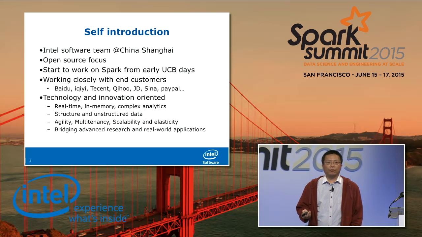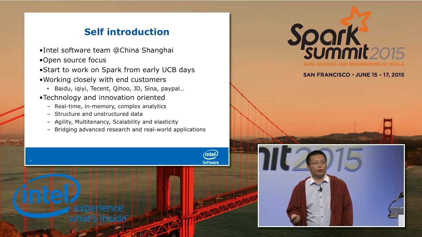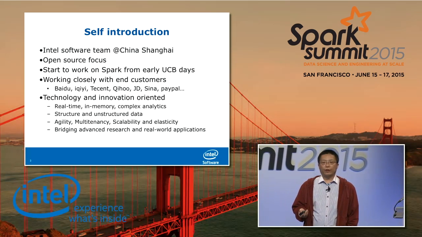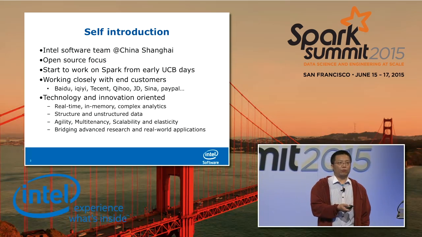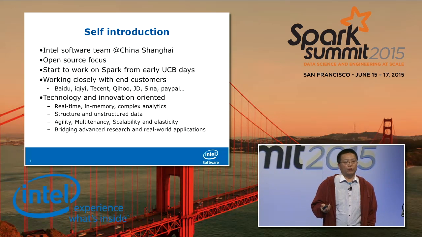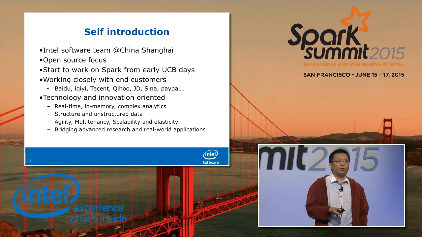One thing we did pretty well is we're working very closely with all these customers in China. And interesting in China, if you listened to the keynotes this morning, they gave several excellent production cases in China, for example, Tencent and Ali.